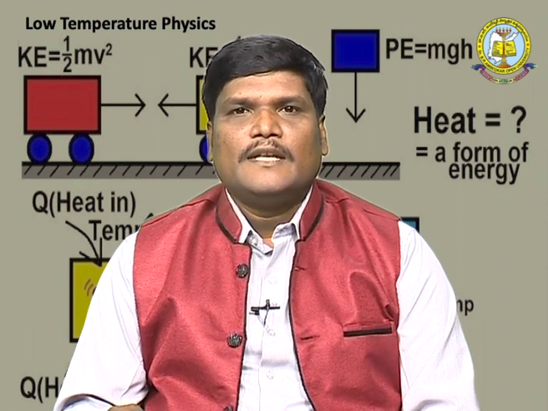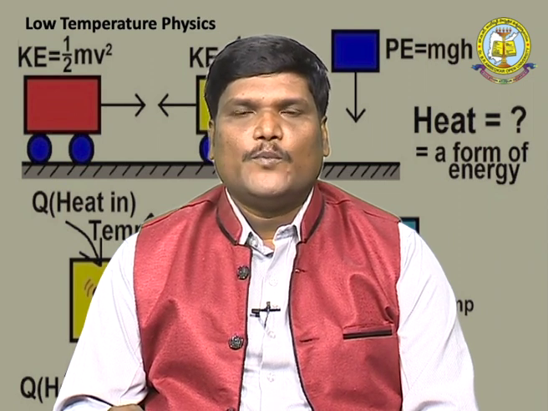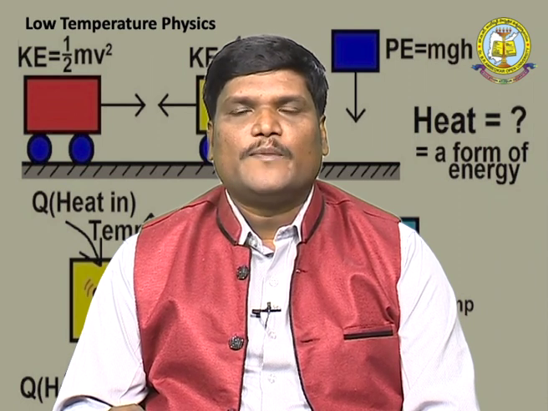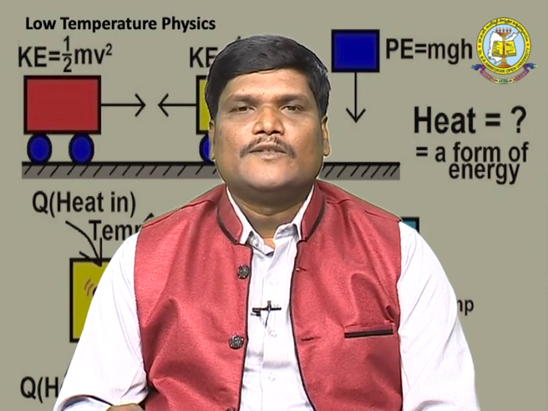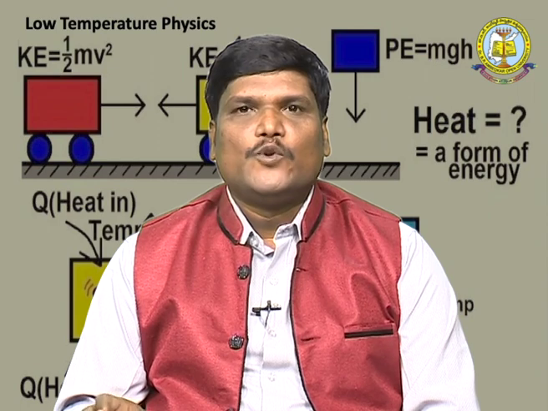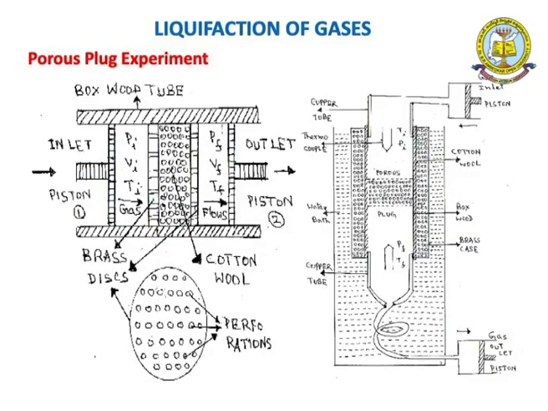Whenever the piston acts upon the gas to escape through the porous plug from the left hand side region into the right hand side region, the piston is doing some work on the gas, so that the gas easily escapes through the porous plug.